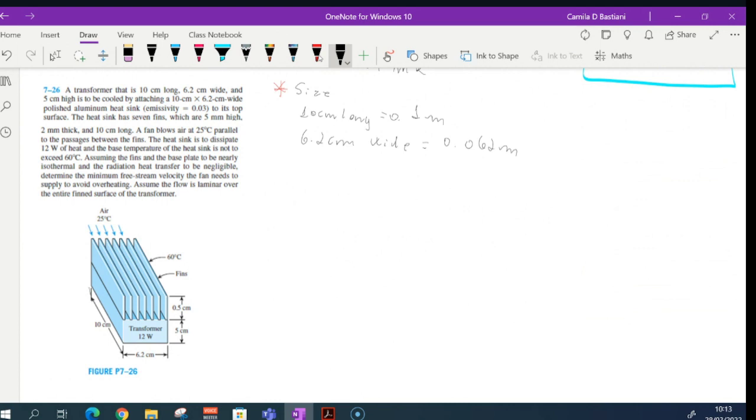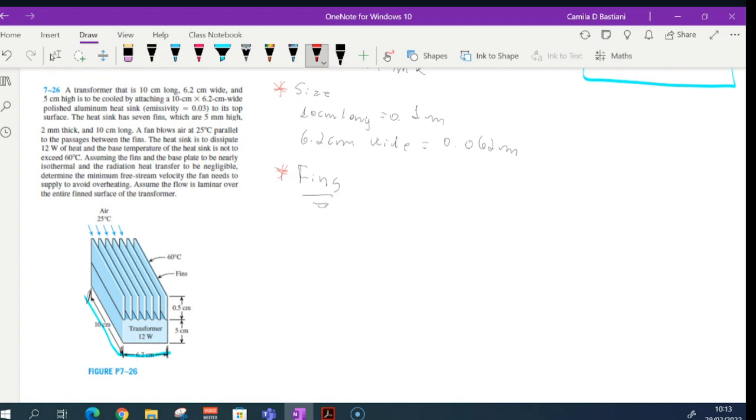So here we have our sizes, okay? It is to be cooled by attached fins.